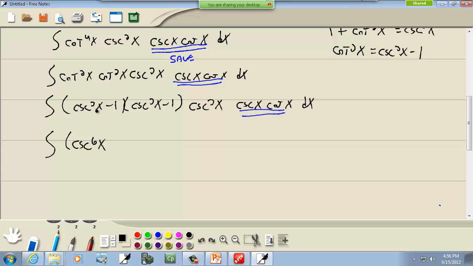Now here we got cosecant squared times negative 1. That's negative cosecant squared. Negative 1 times cosecant squared is negative 2 cosecant squared. And negative 2 cosecant squared times cosecant squared is negative 2 cosecant to the fourth. Negative 1 times negative 1 is positive 1 times cosecant squared gives us cosecant squared. And then our save part.